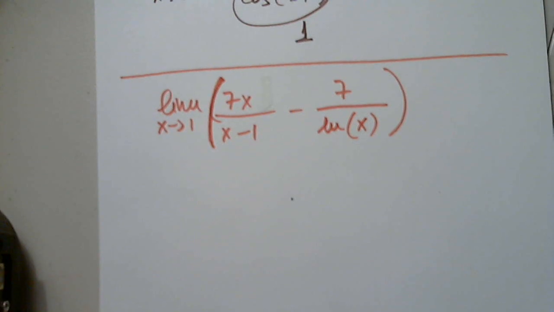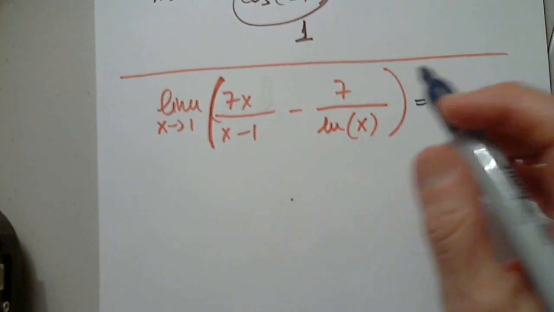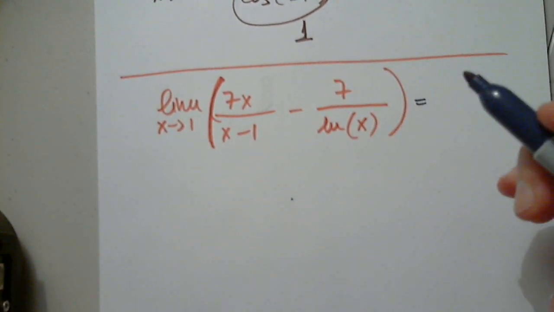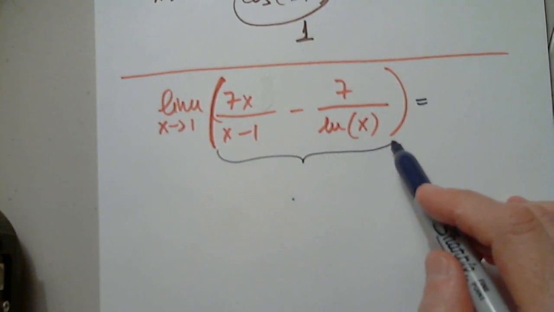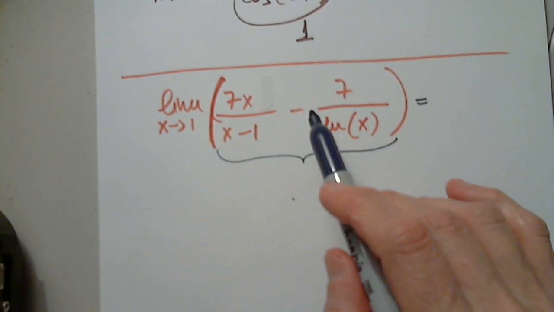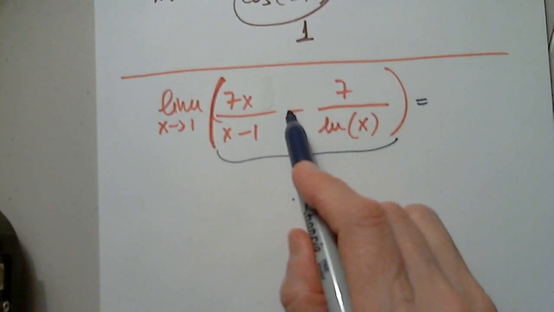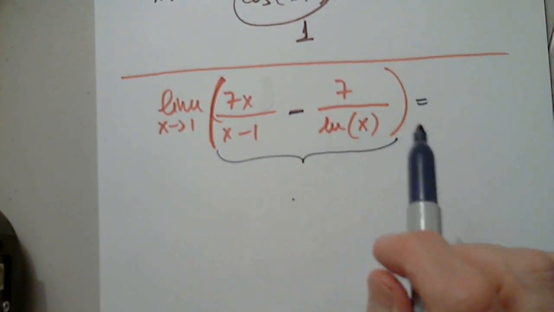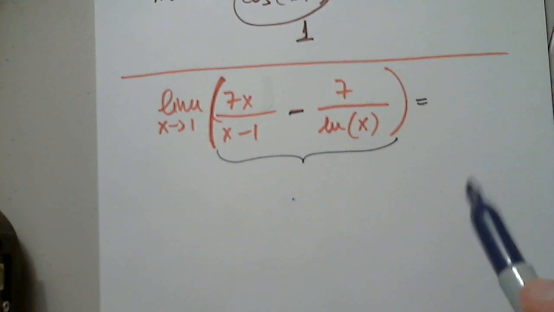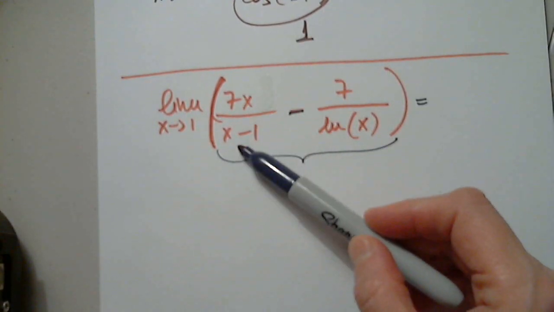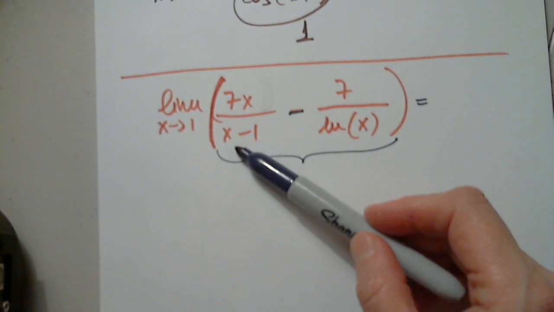So remember, I always say, always plug in to see what it is, unless, so this is one exception. We have to simplify and change this difference into one fraction. That's our first step. Why? Because 7 over 0, I don't know what that is.